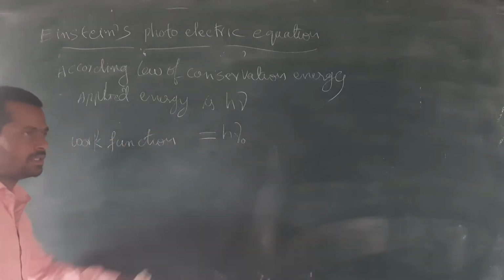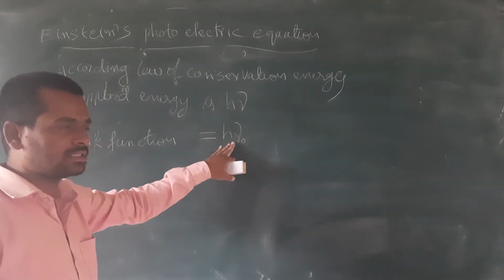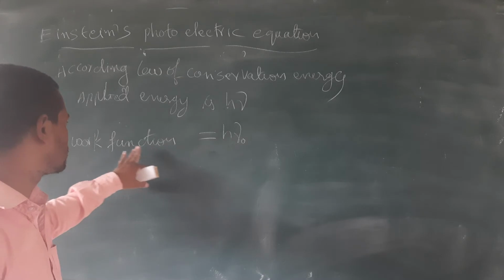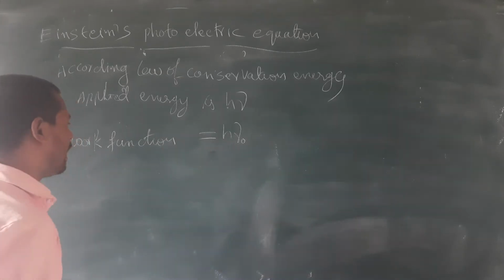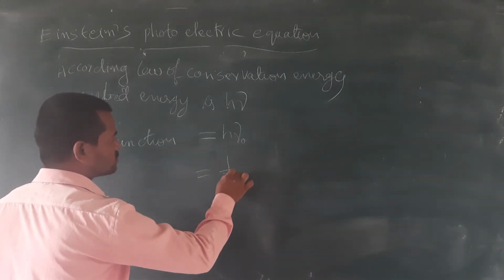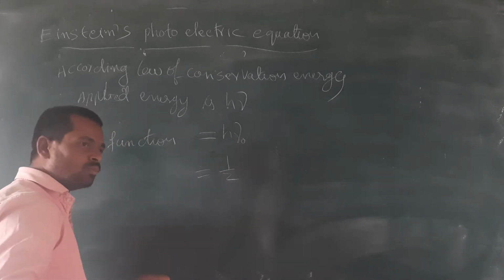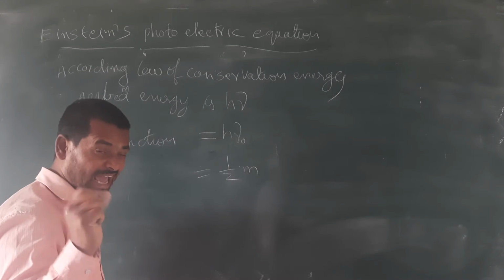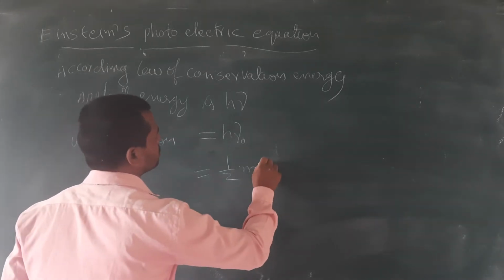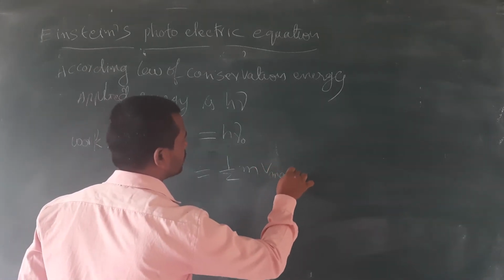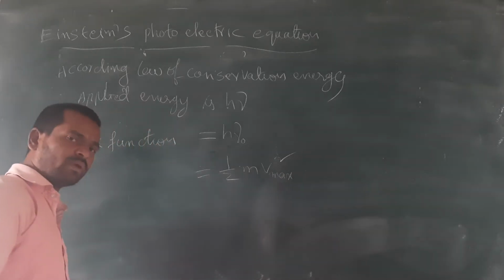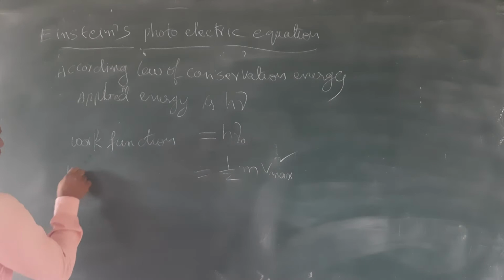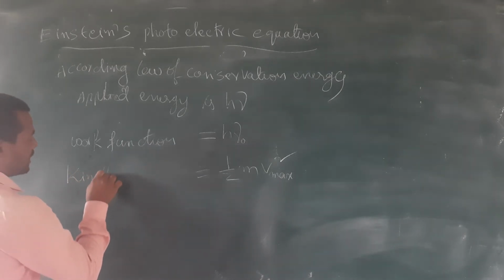The remaining part of the energy is utilized to move the electron. A moving body has kinetic energy. So this is the maximum kinetic energy.